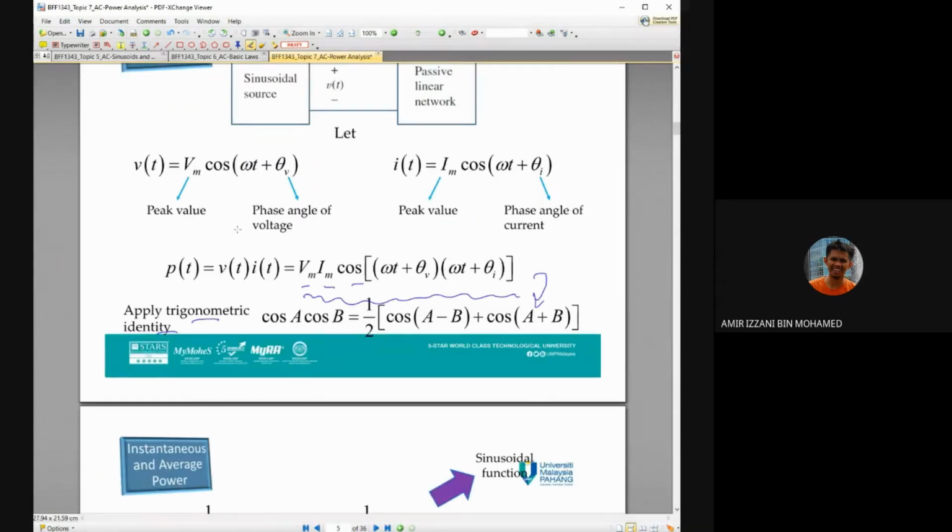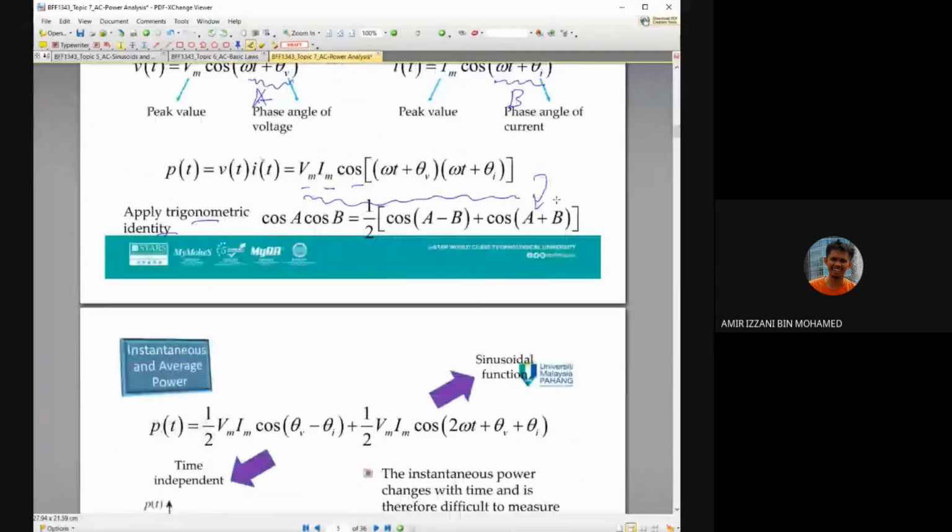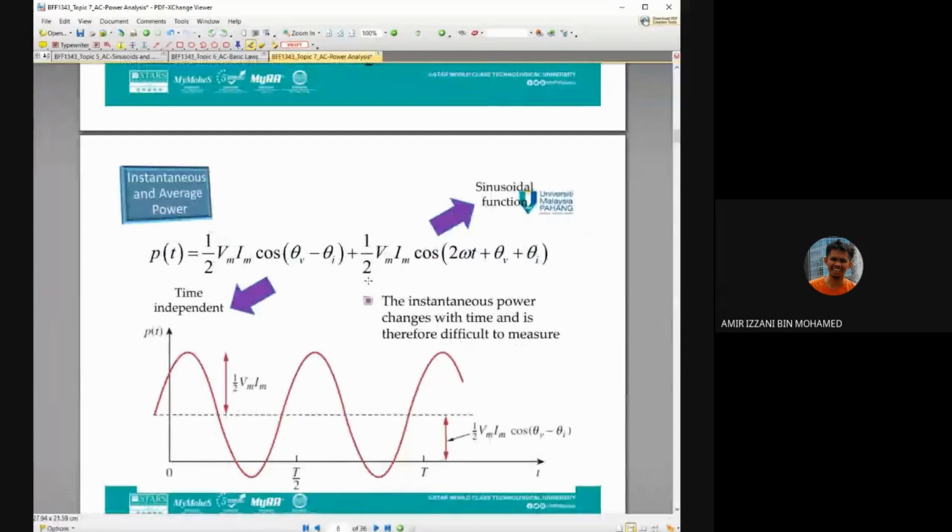Okay, so what will happen? This is A, this is A, and this is B. So we will get the equation of power like this: 1/2 Vm Im cos(theta v minus theta i).